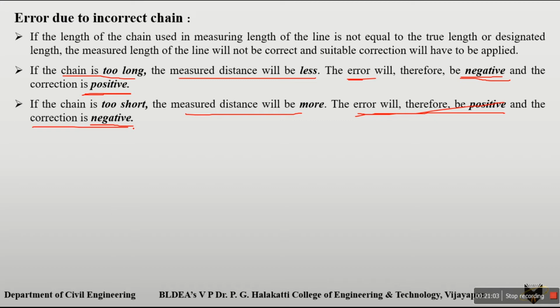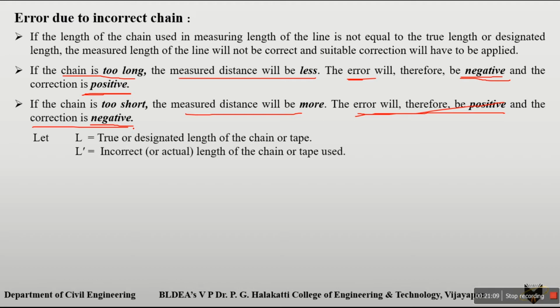Next we discuss the formulas. Assume capital L is the true or designated length of the chain or tape. Similarly, L dash is the incorrect length of the chain or tape used in the survey.